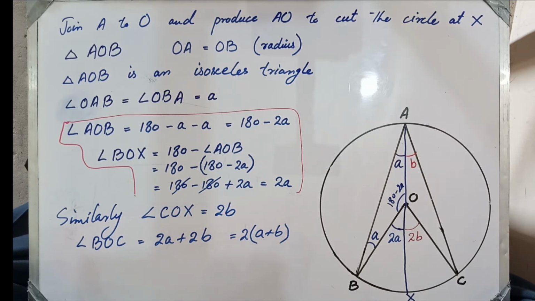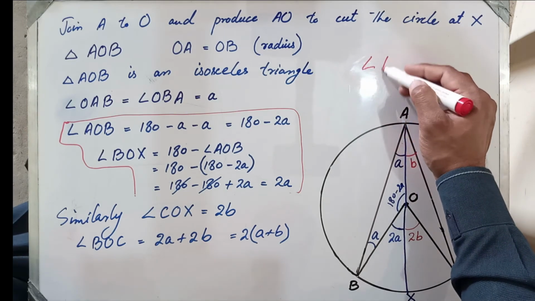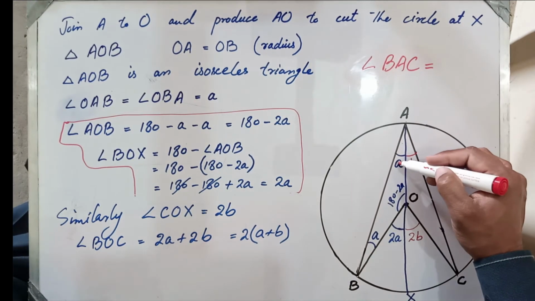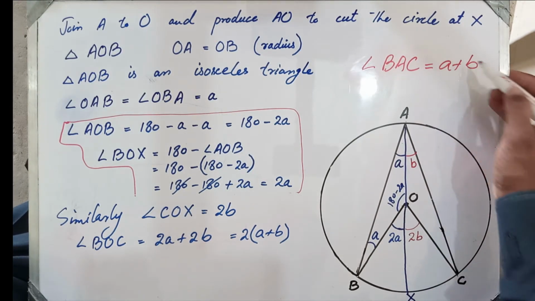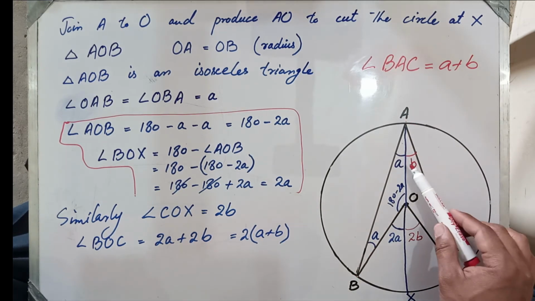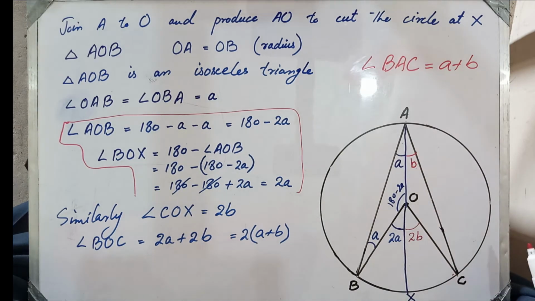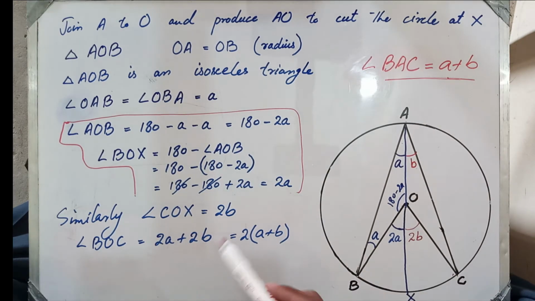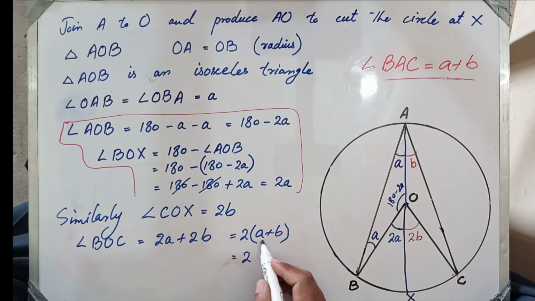If you observe angle BAC, angle BAC is the sum of a plus b. Here you can see in the diagram, angle BAC is the sum of angle a and b. Instead of a plus b, you can write angle BAC.